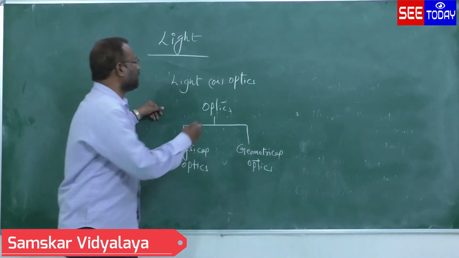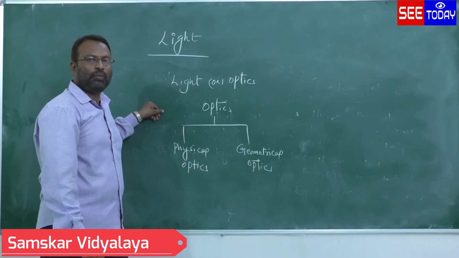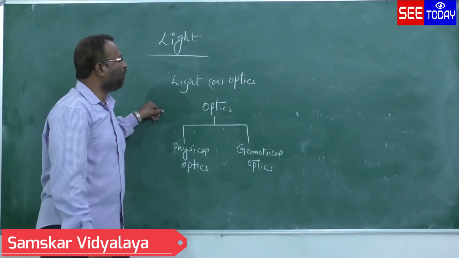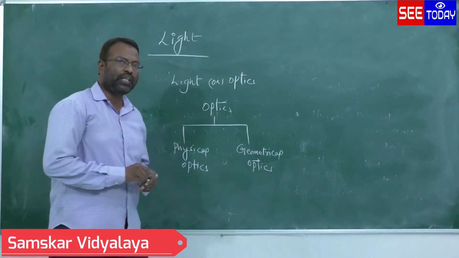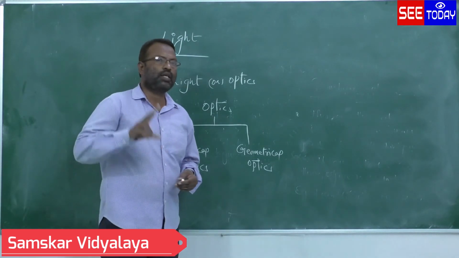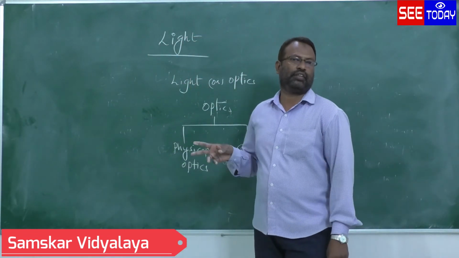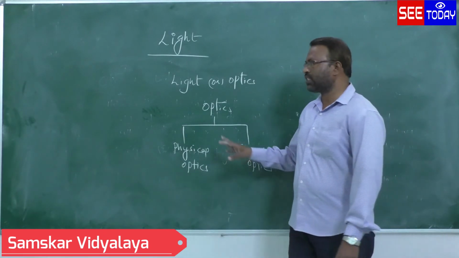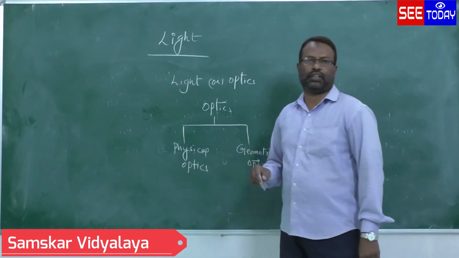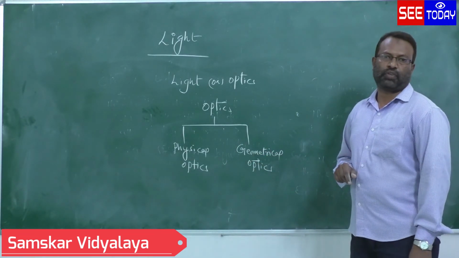But in the higher classes, instead of calling it light, the authors in the books give the word optics. Let us consider the second name, optics only. This optics is divided, classified into two types. One is called physical optics. Next one is called geometrical optics.